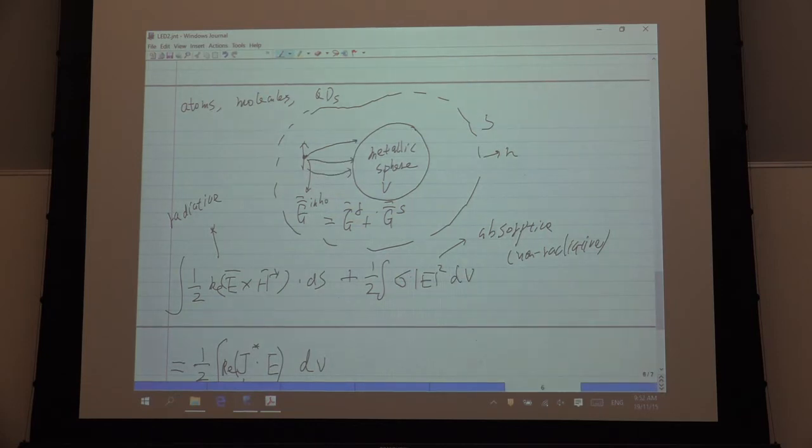The metallic sphere will produce some polarization current, which then scatters again to here. This is a scattered field.